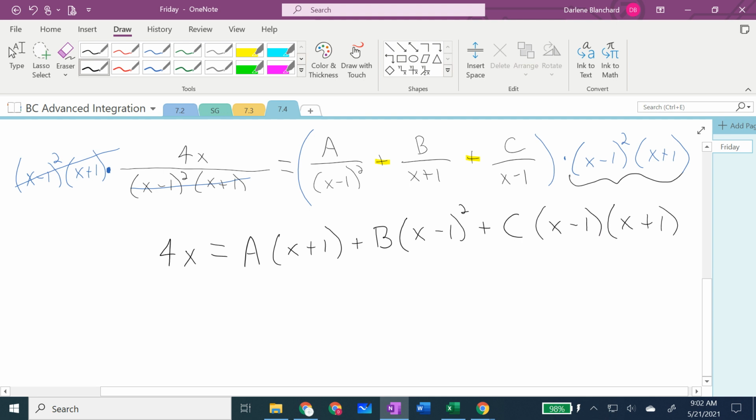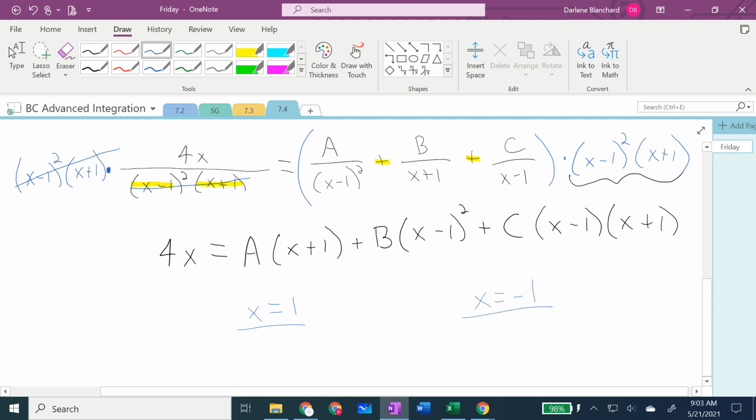Now, when we didn't have the situation of a repeated linear factor, we looked at the zeros of the original denominator, and we can still do that here. We're going to plug in the zeros of that original denominator. So that's going to be a positive 1 and a negative 1. That's going to allow us to find 2 of the 3 unknown constants.